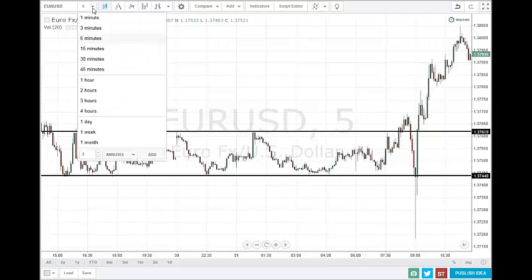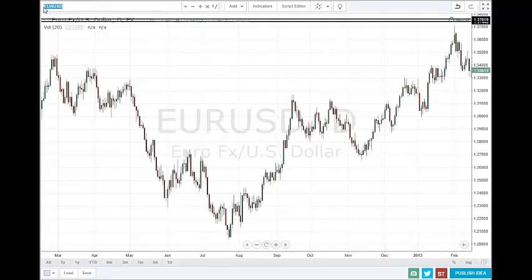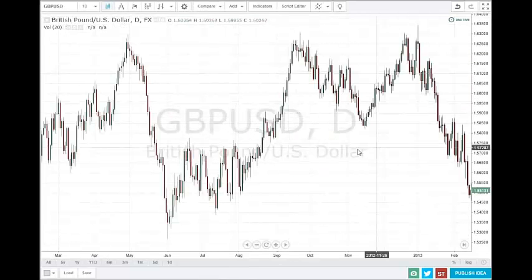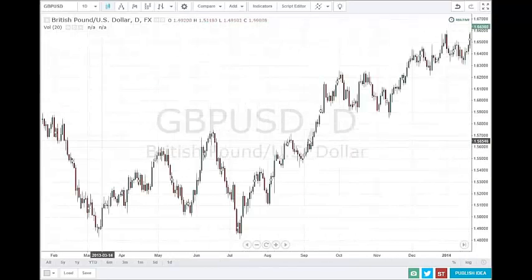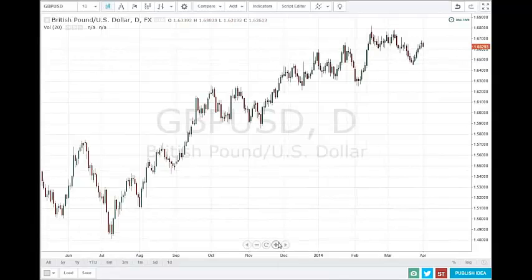Let's go to a daily chart for those of you who may be interested in trading binary options on longer term time frames. So let's do the pound against the US dollar and look at recent price action. Zoom in a bit.